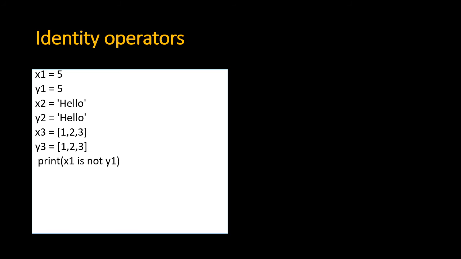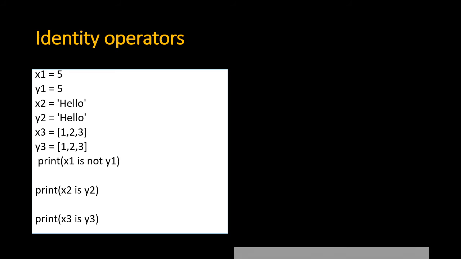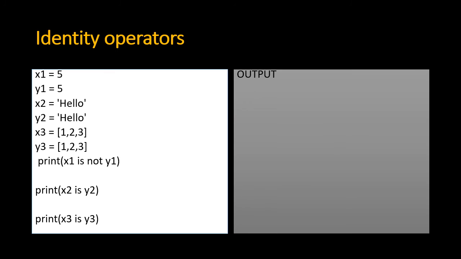Another example of identity operators you can see: the x1, y1 value is 5, the x2, y2 value is hello, and x3, y3 is the list value 1, 2, 3. Now we are checking three statements. Let's see one by one. First one is x1 is not y1.